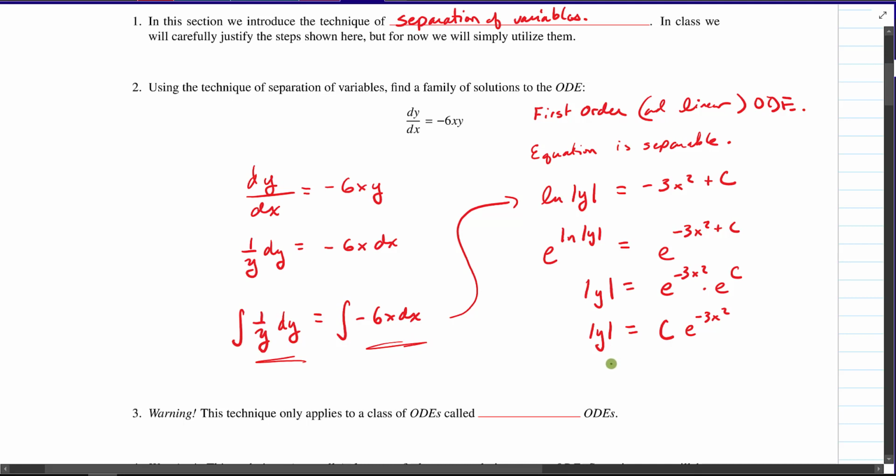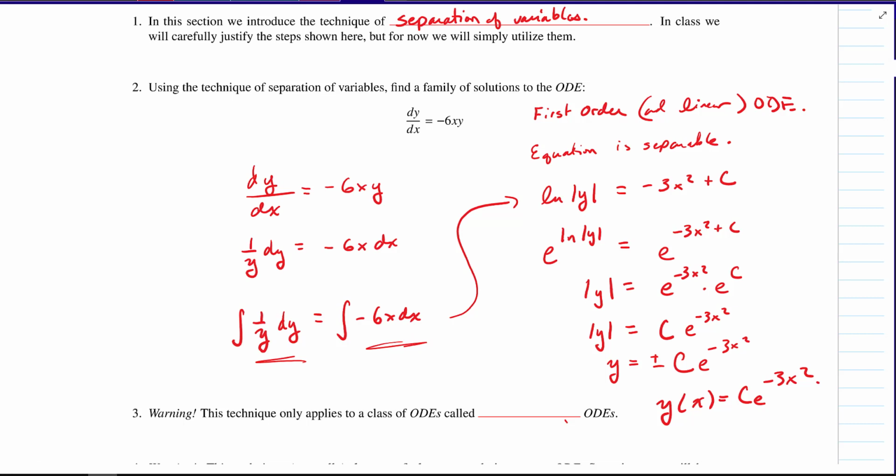The next thing to do is to remember that when you go to solve something in an absolute value, one way to do so is to say that y would be equal to plus or minus c e to the negative 3x squared. But of course, c is an arbitrary number, and the positive version or negative version of that arbitrary number is again arbitrary. And so finally, at long last, we just get a solution of y of x is equal to c e to the minus 3x squared.